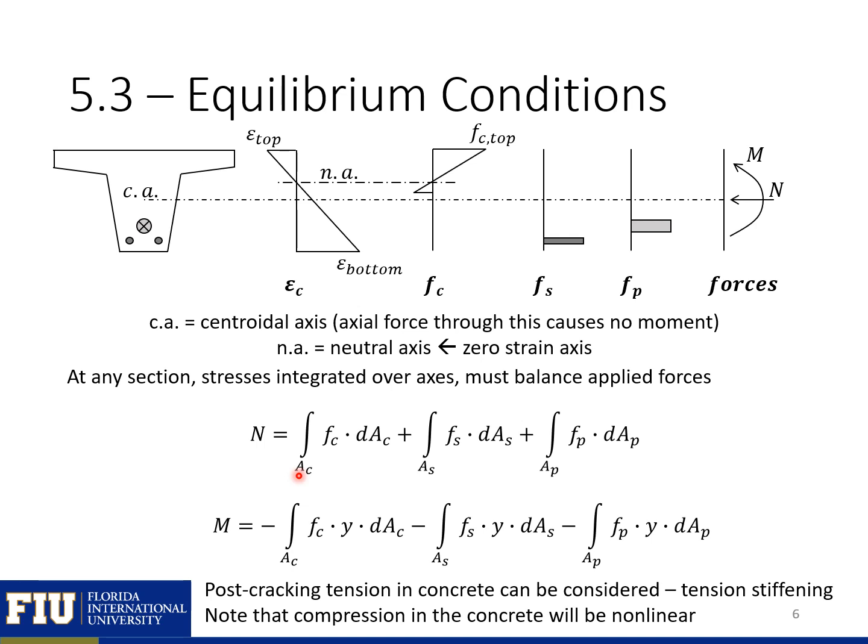Here, when we're including our moments, you can see our stresses are going to change across the depth. So for now, we'll keep these integrals in our equations. Note also that we can include our post-cracking tension in concrete using tension stiffening, which we'll talk about on the next slide.